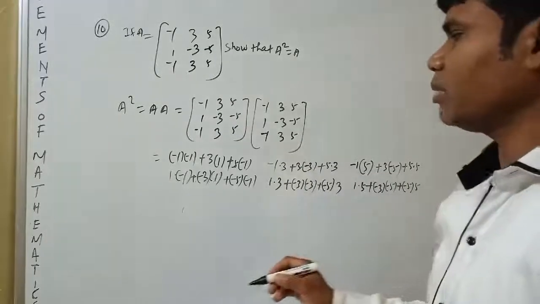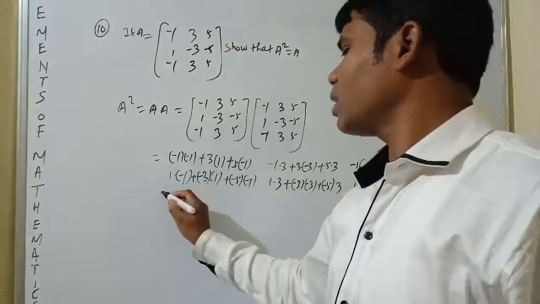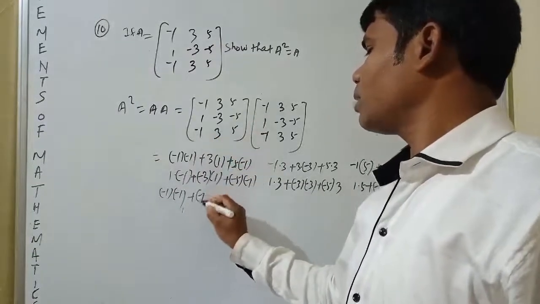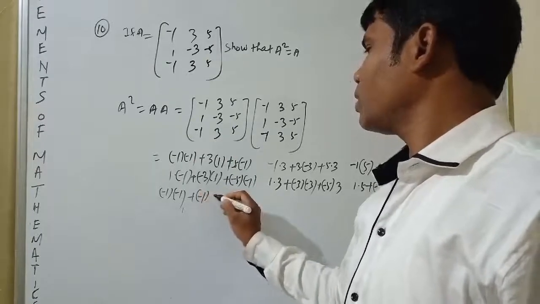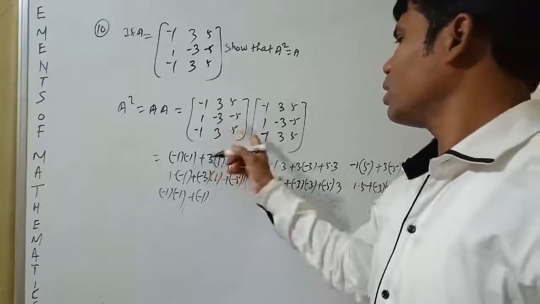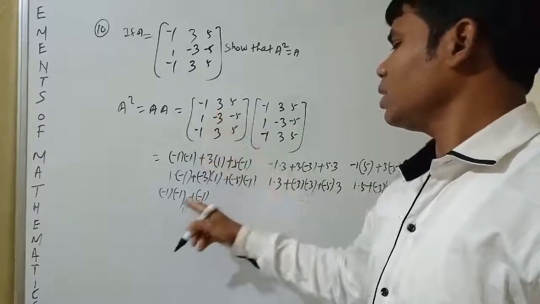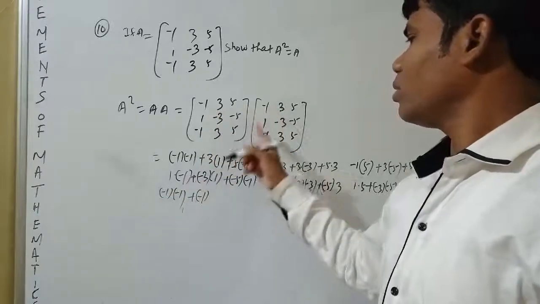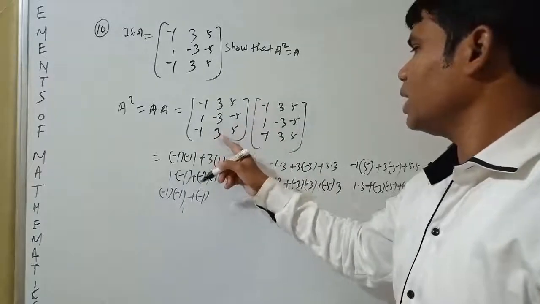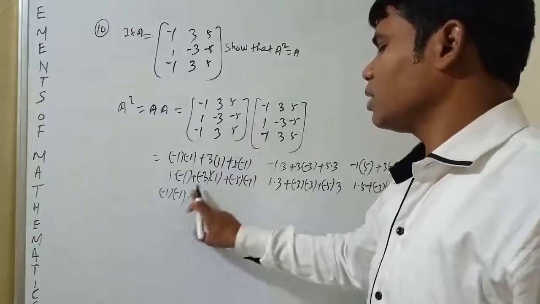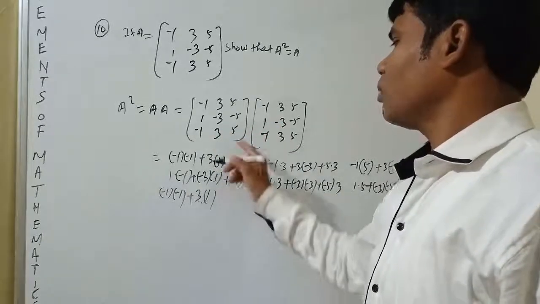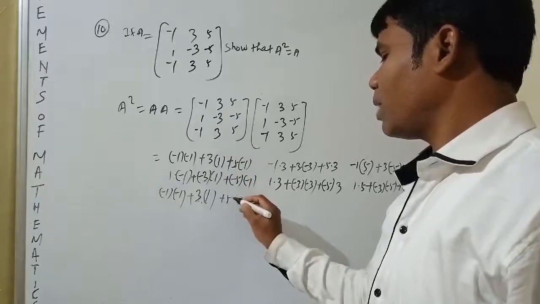Okay, similarly you see -1 into -1, -1 into 1, -1 into 1. Then -1 into -1, 3 into 1, 5 into -1.